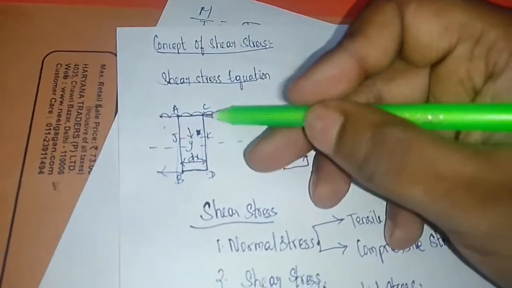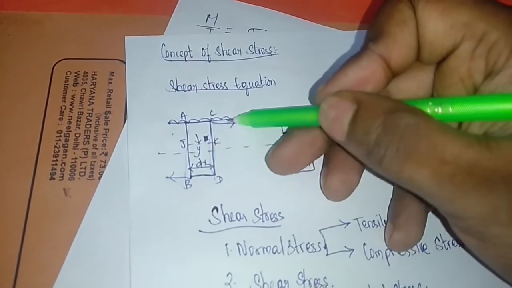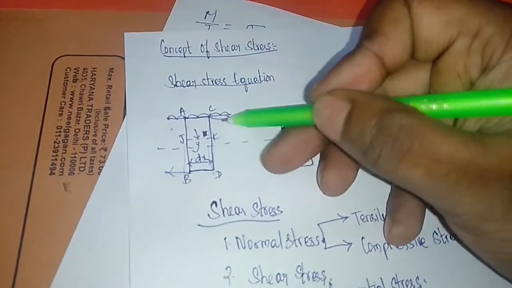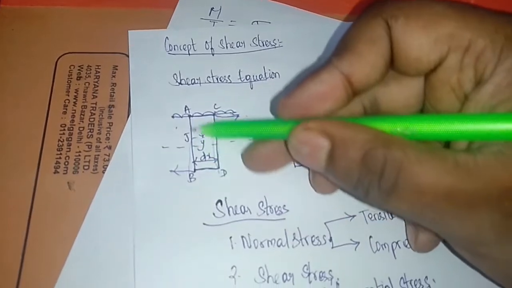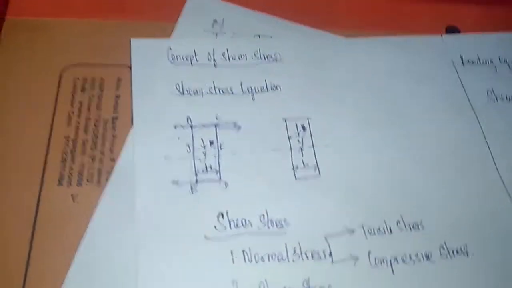You understand the concept? We are going to find on the side AB what is the value of the force that is acting, and on the side CD what is the force that is acting. That is only we are going to calculate.